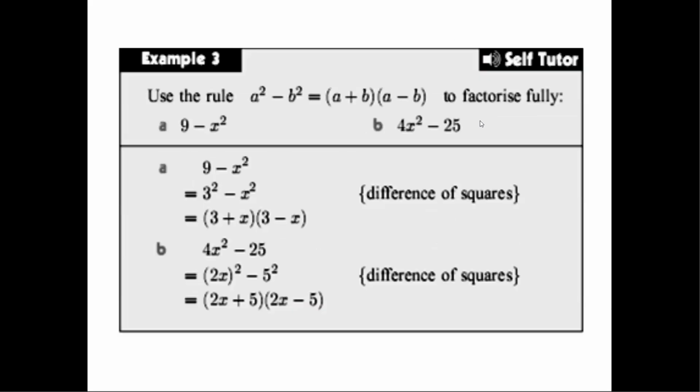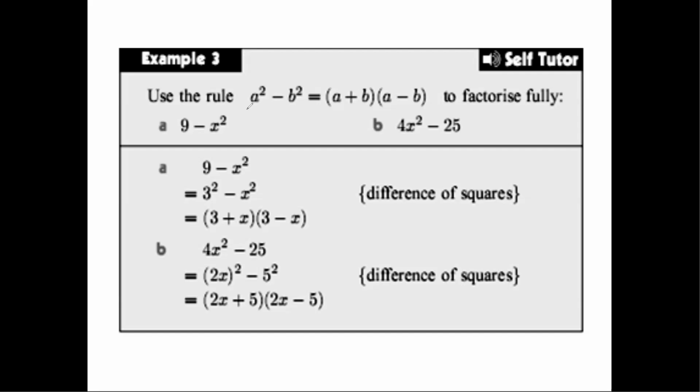Now, here is a nice rule that helps us to factorize what we call the difference of squares. When you have a quadratic expression in the form of a difference of squares, you can factorize using this.